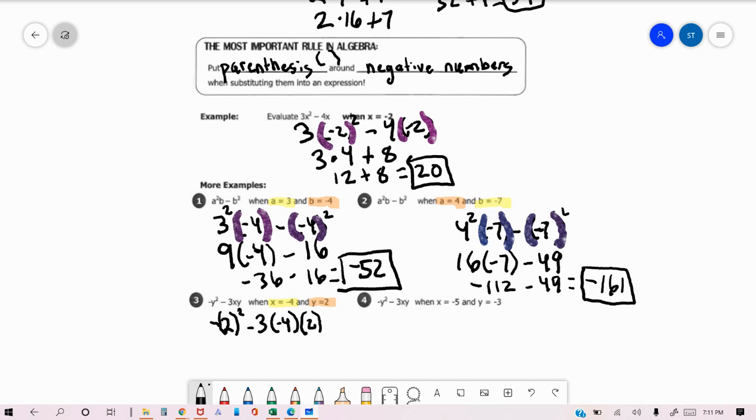Okay? So let's go ahead and do our exponents. Negative 4 here, and it's negative 4 because the negative was out front of it. So 2 squared is 4, but it told us at the beginning it was going to be negative. So let's go ahead and do some quick math here. Negative 3 times negative 4 is going to be positive 12.